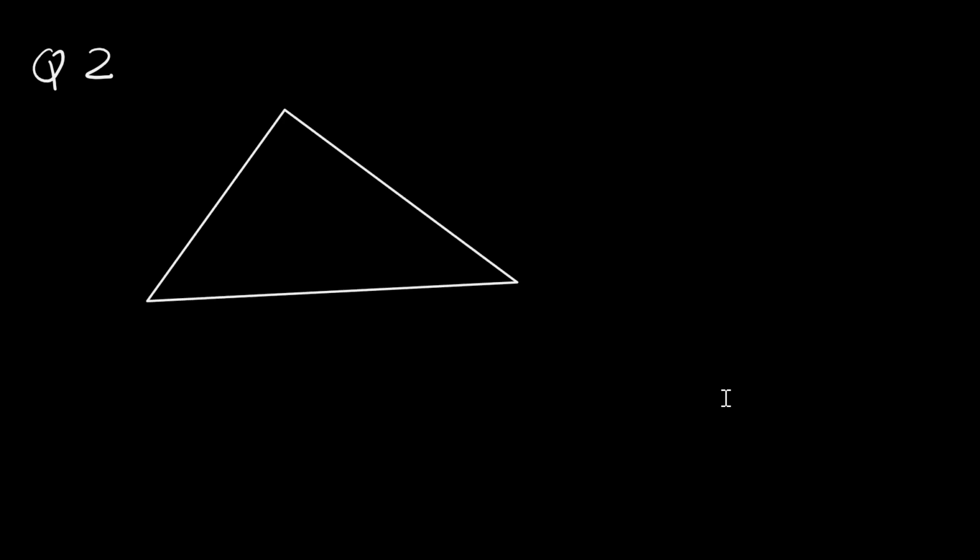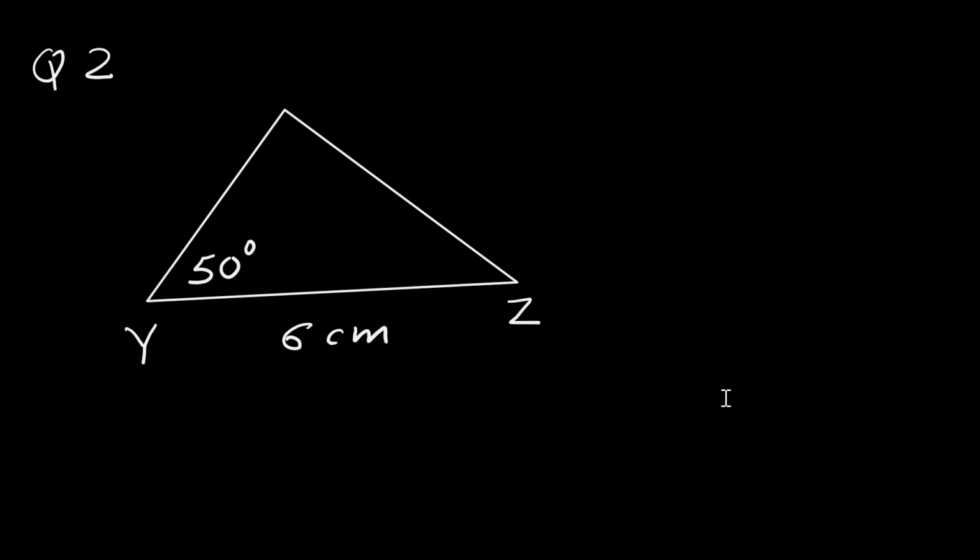Okay. Question number 2. In triangle XYZ, YZ is 6 centimeters, angle XYZ is 50 degrees.